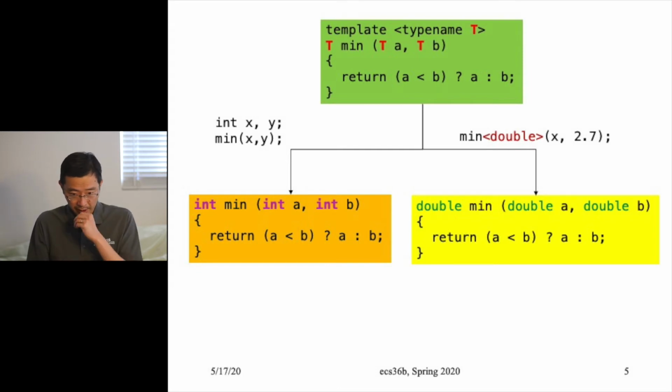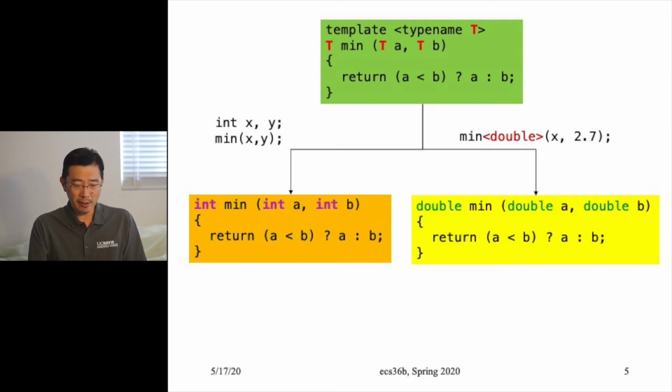For example, in this case x is an integer, and the compiler might get confused whether this is the integer or double version because it doesn't match. But when you give this instruction, double, the compiler will not be confused and there's no ambiguity. It will actually do the yellow thing.